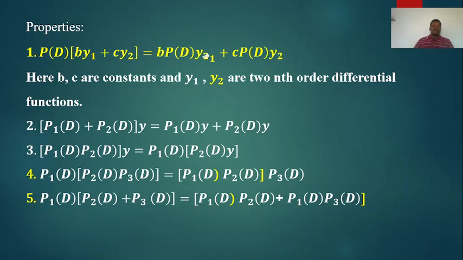Associative property, P1(D) (P2(D) P3(D)) can be written as (P1(D) P2(D)) P3(D). Distributive property, P1(D) (P2(D) + P3(D)) can be written as P1(D) P2(D) + P1(D) P3(D). That means polynomial operators satisfy the linearity, commutative, distributive and associative properties.